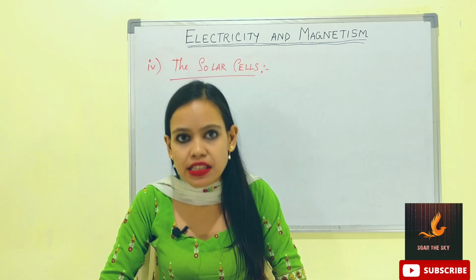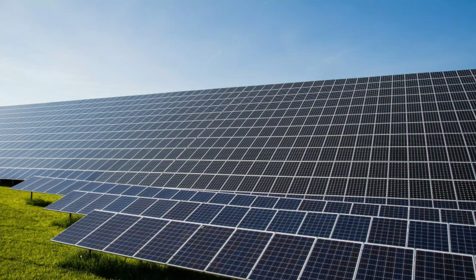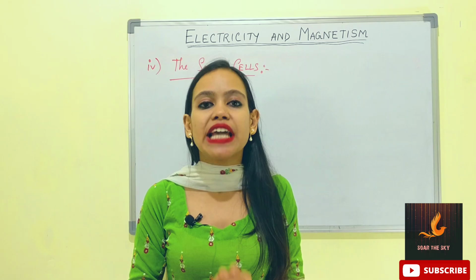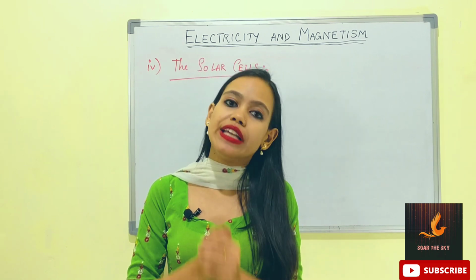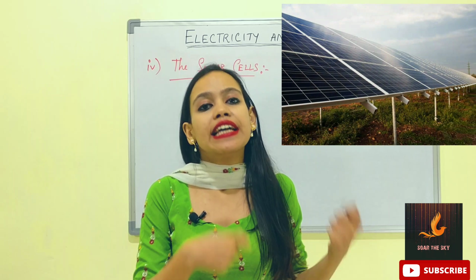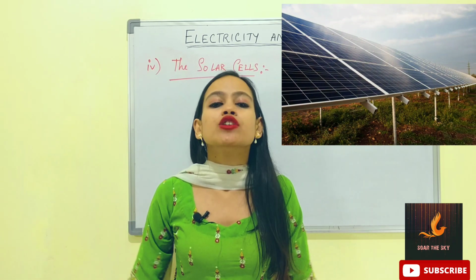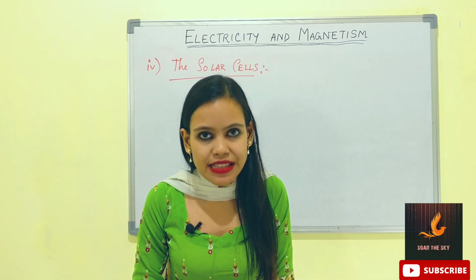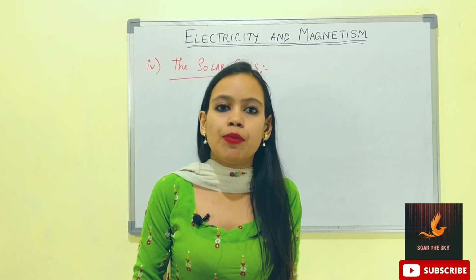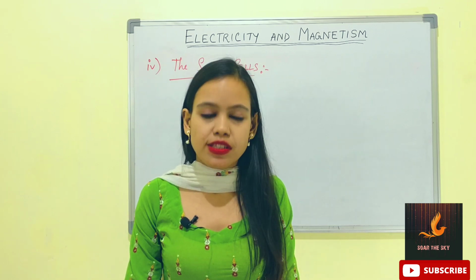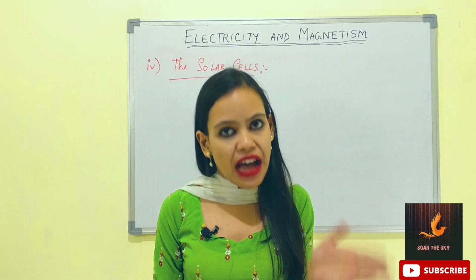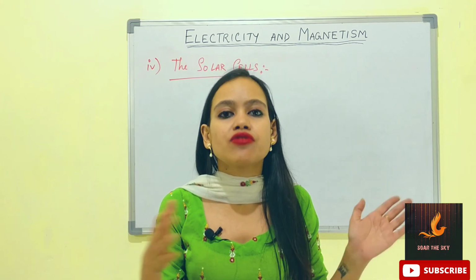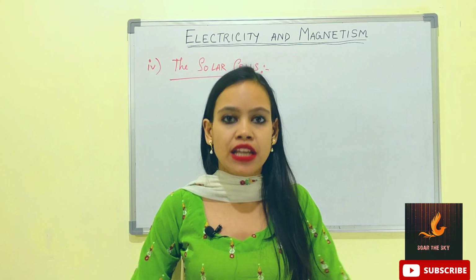There are certain devices called solar cells which are designed in such a way that in the daytime they capture the sun's light rays and convert them into electricity, and from there we can use it to run our electrical appliances as we do with the power supplied by the power stations. In the same way, we convert the light energy into electrical energy and use it to run the fans, glow the lights, televisions, refrigerators and all the electric appliances in our house.